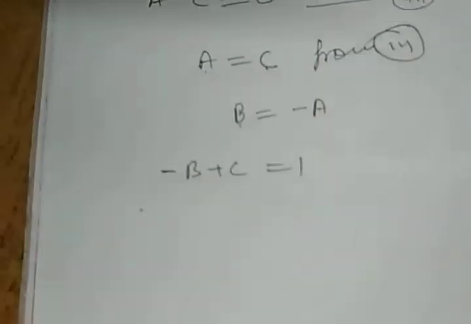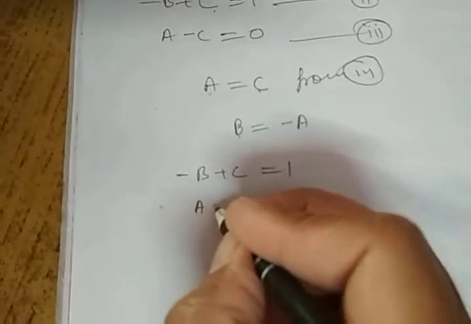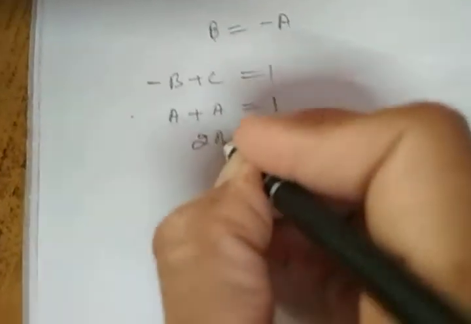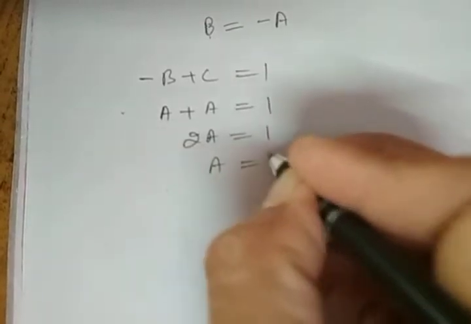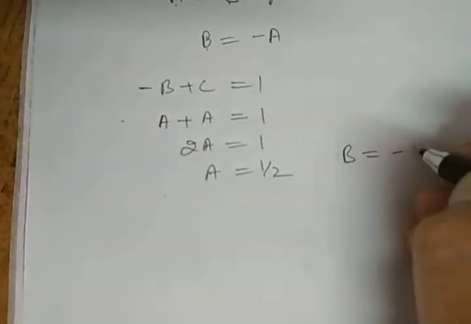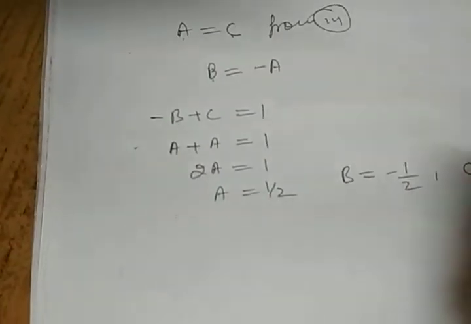Minus b, that is a, plus c, and c also is equal to a, so a plus a is 1. So 2a is equal to 1, then a is equal to 1 by 2. Therefore b is equal to minus a, that will be minus 1 by 2, and c is equal to a, so c will also be 1 by 2.